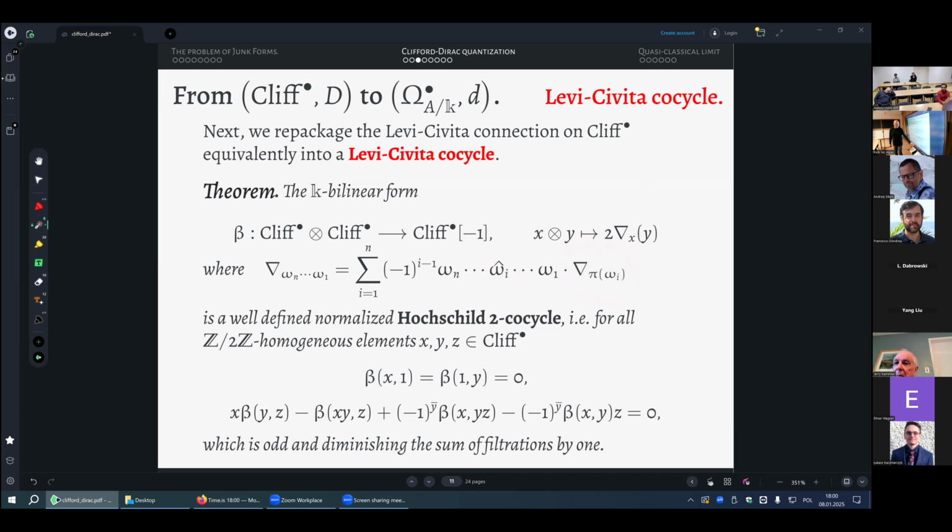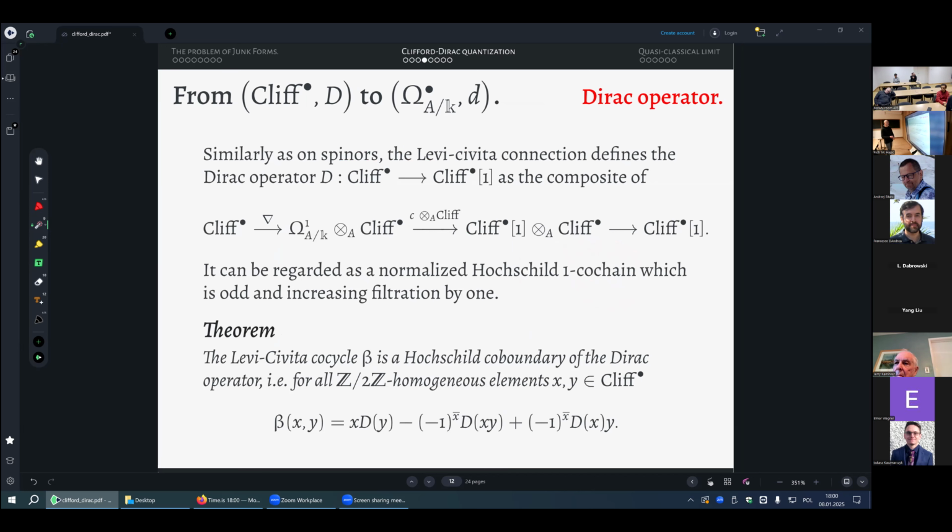So this Dirac operator itself on the Clifford algebra can be regarded as a normalized one cochain, which is odd and increases the filtration by 1.